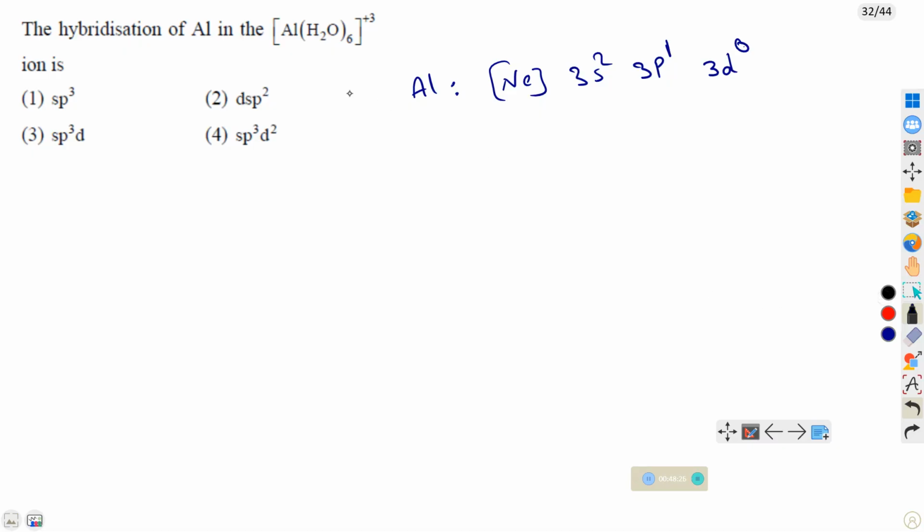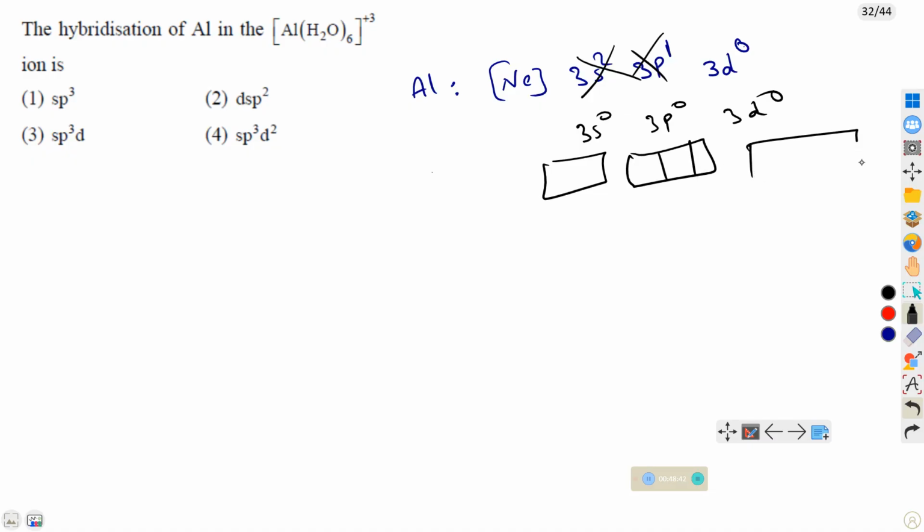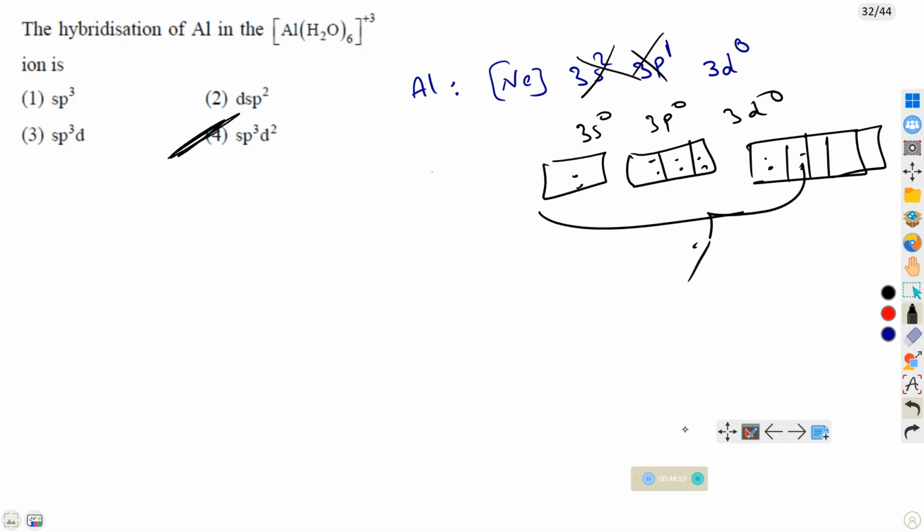The hybridization of aluminum in the hexaaqua aluminum, Al(H2O)6 3 plus. Aluminum is in the plus 3 oxidation state. So 3s0, 3p0, 3d0. Water molecules use the first 6 empty orbitals. So sp3d2 is the hybridization. sp3d2 is the correct answer.